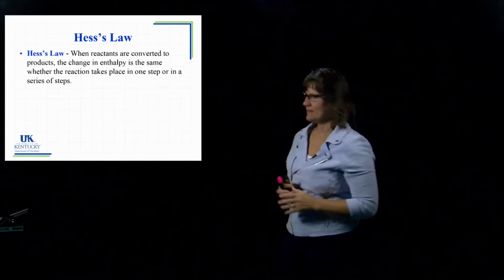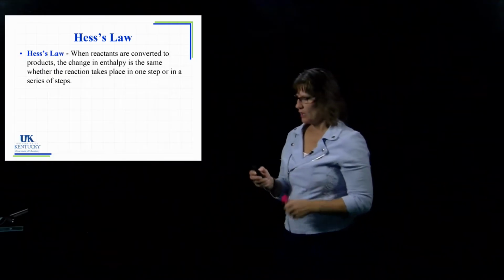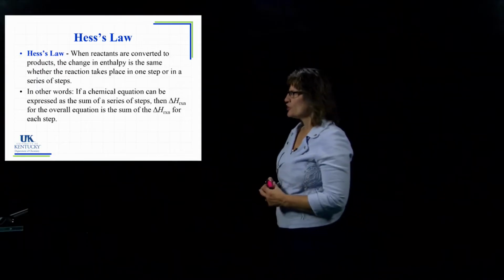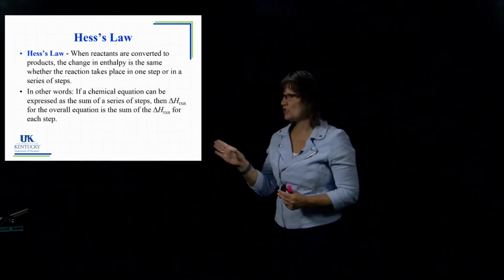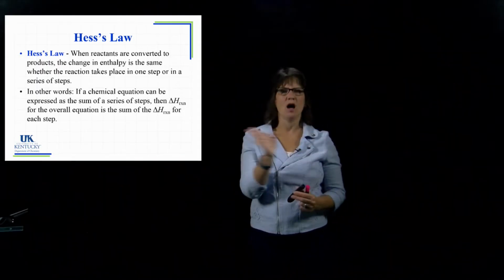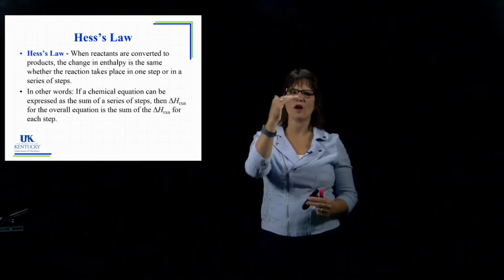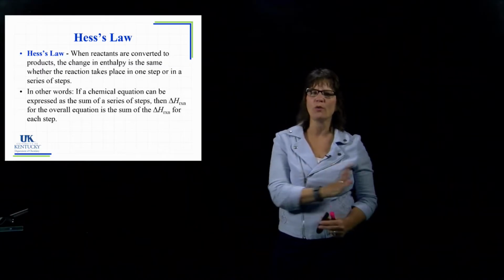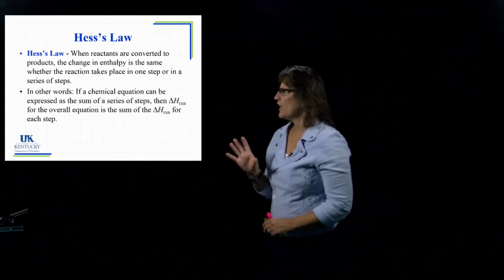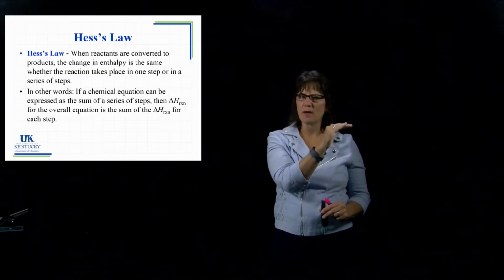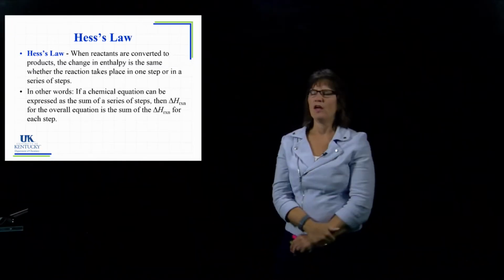And we utilize this for coming up with a delta H of a reaction. So if you can take a chemical equation and express it as a sum of other equations, we're doing this reaction, this reaction, this reaction, and they all add up to give me the overall reaction that I'm looking for, then whatever the delta H of all those individual reactions, if we sum them up, it would be the delta H of the overall.